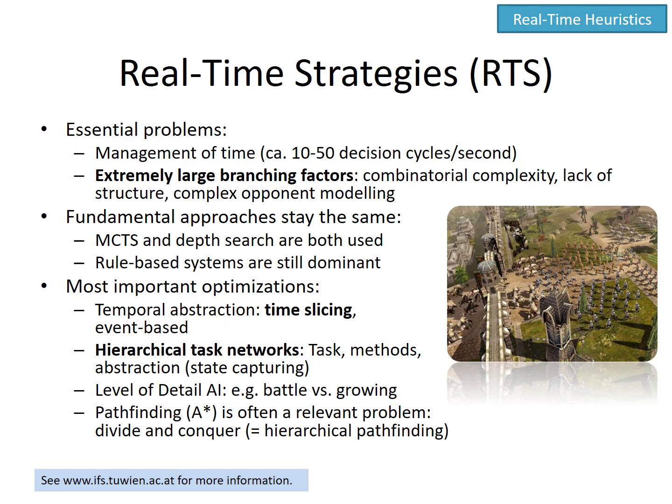Another fundamental problem is referred to as the level of detail artificial intelligence. That means that you have to implement, if the game provides such facilities, different strategies for battle units, then for example for worker units, for management of production centers, and so on.